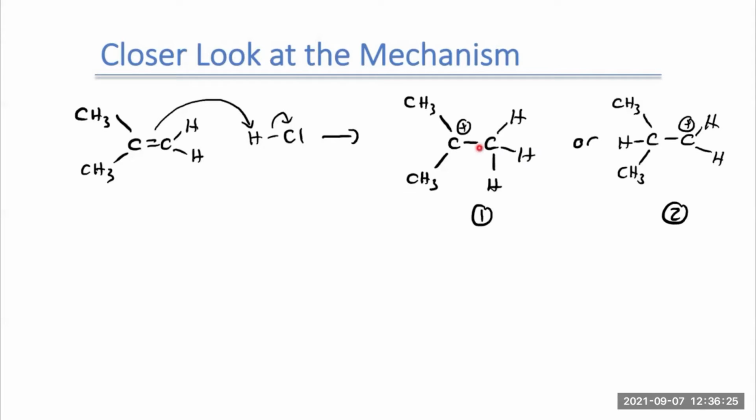When we're looking at structure 1, that positive charge has a lot of methyl groups near it. Methyl groups have a lot of electron density to donate and help stabilize that positive charge. If you remember the rules from our radicals, radicals are carbons with less than 8 electrons. A radical has 7 electrons. A carbocation has 6 electrons. Since a carbocation has less than 8, just like a radical, those same rules apply. So the more methyl groups around it, the more substituted the carbon, the more stable it is.